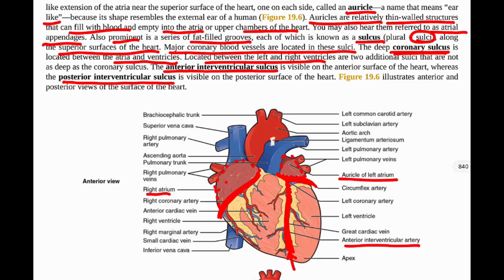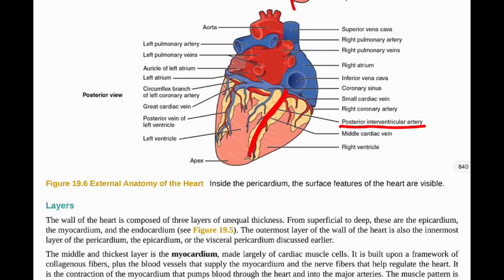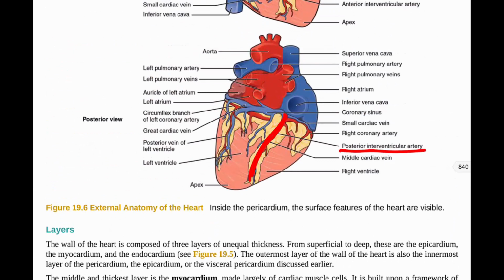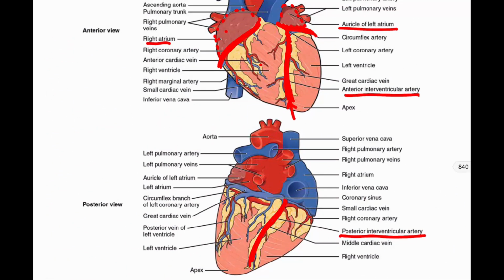So we can talk about the layers of the heart again. I want to mention these are different arteries and veins that you will need to know, and we can talk about those in more detail. We've already talked a lot about the left pulmonary artery and veins. These are our major vessels up here.